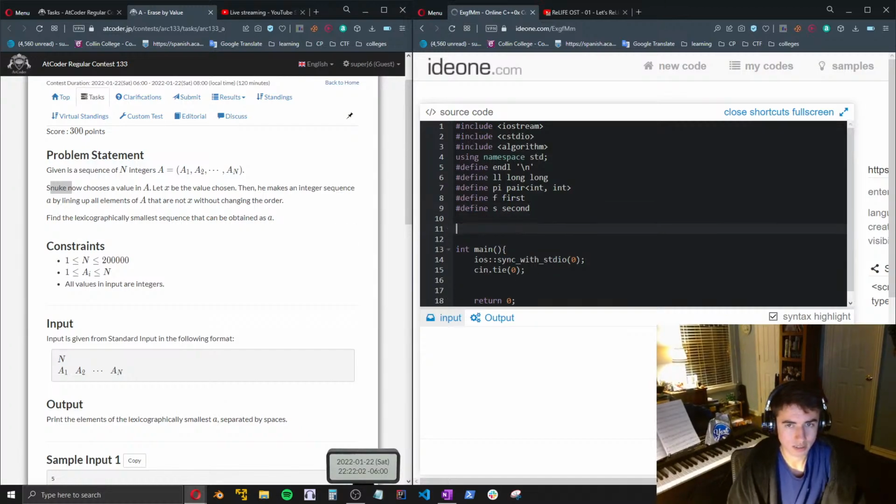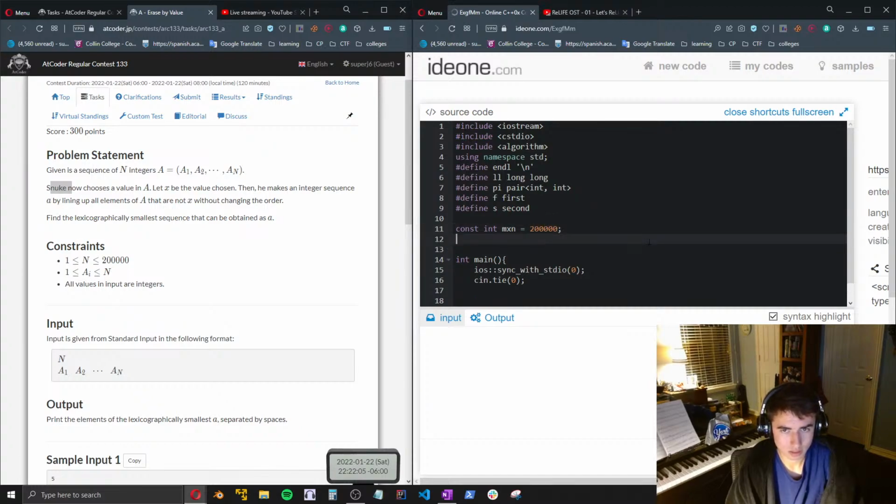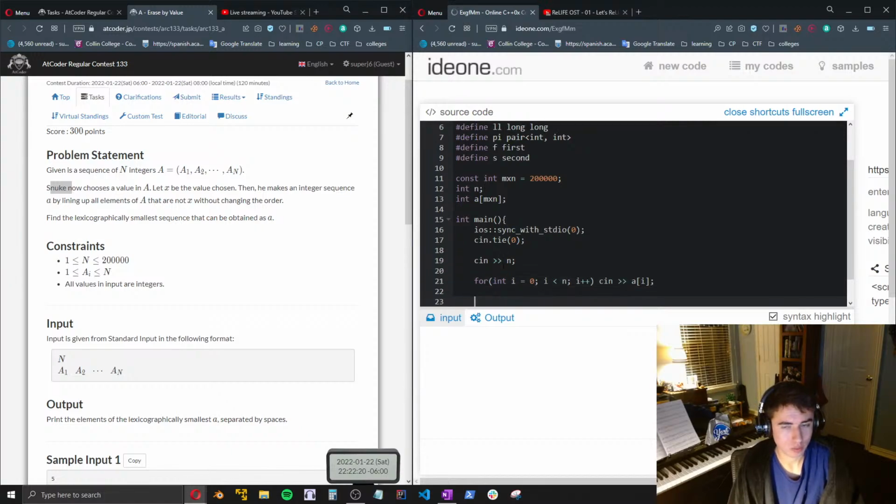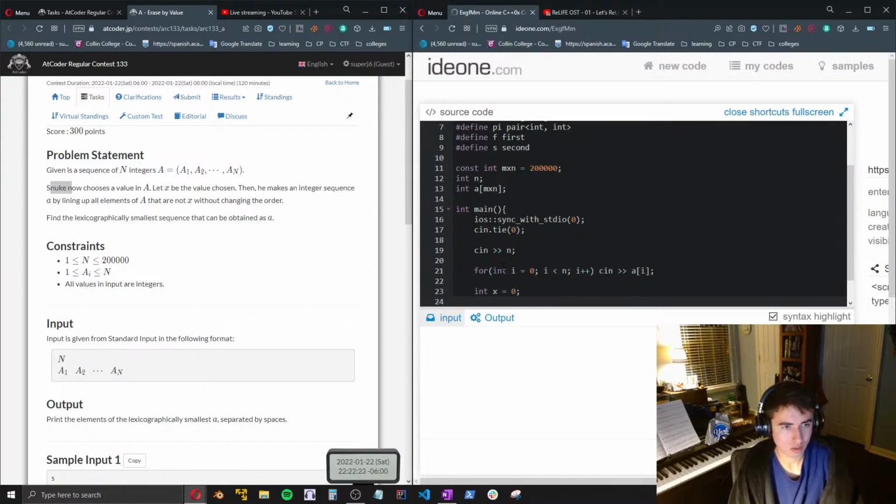Alright, let's see. So first off, we're reading the size of the array and the array. Now we should make variable x while n is 1 and not x or a of x plus 1 and a of x plus 1 is greater than or equal to a of x.